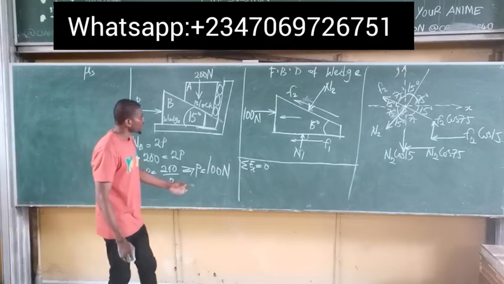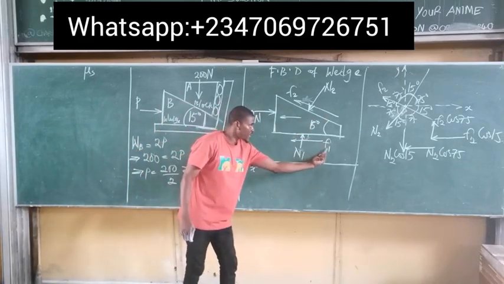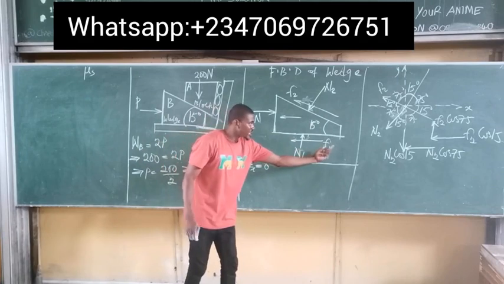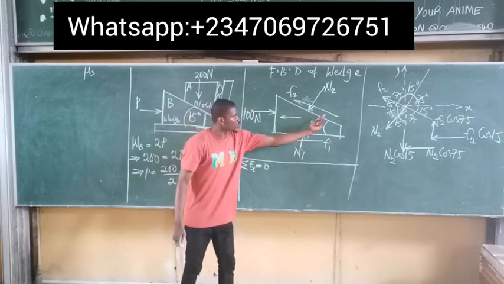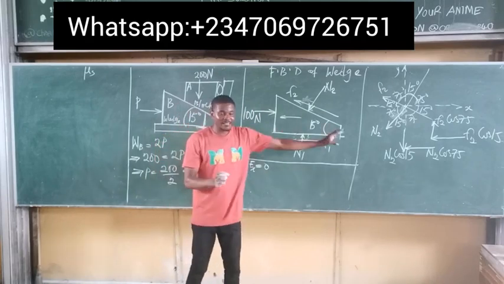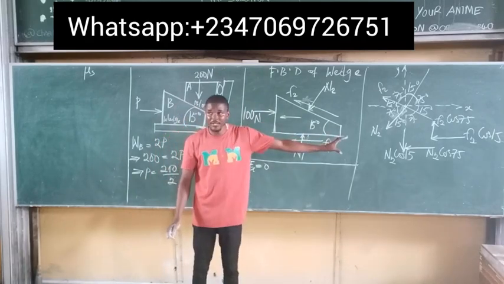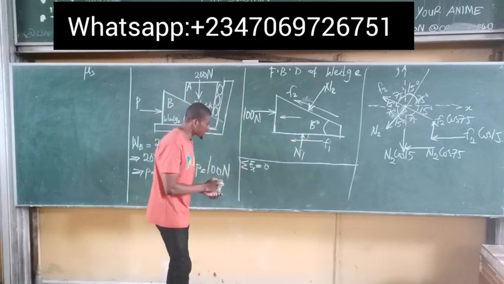Motion to the left is negative because frictional force F1 is pointing to the left. That means motion is positive to the right because of this load applied. This load is pushing this object to the right. So summation of Fx is simply 0.